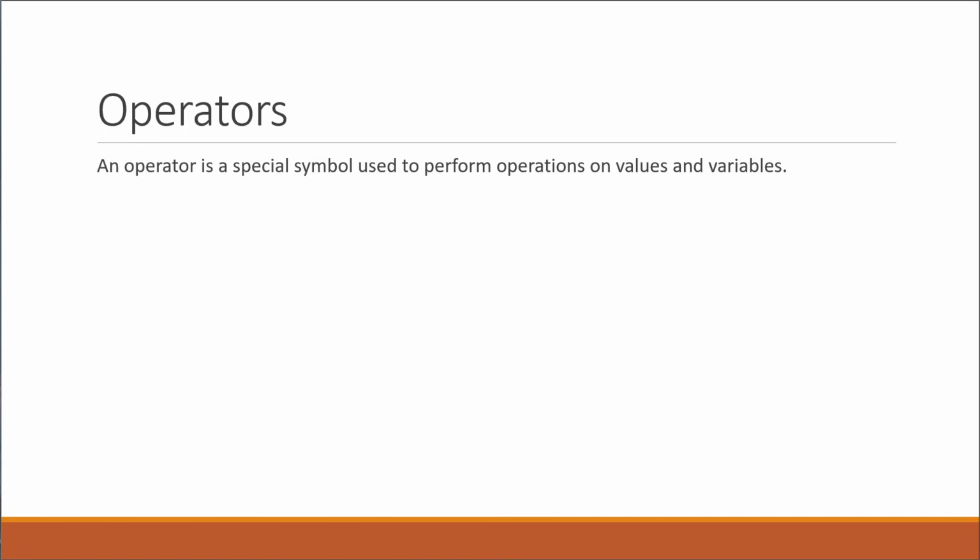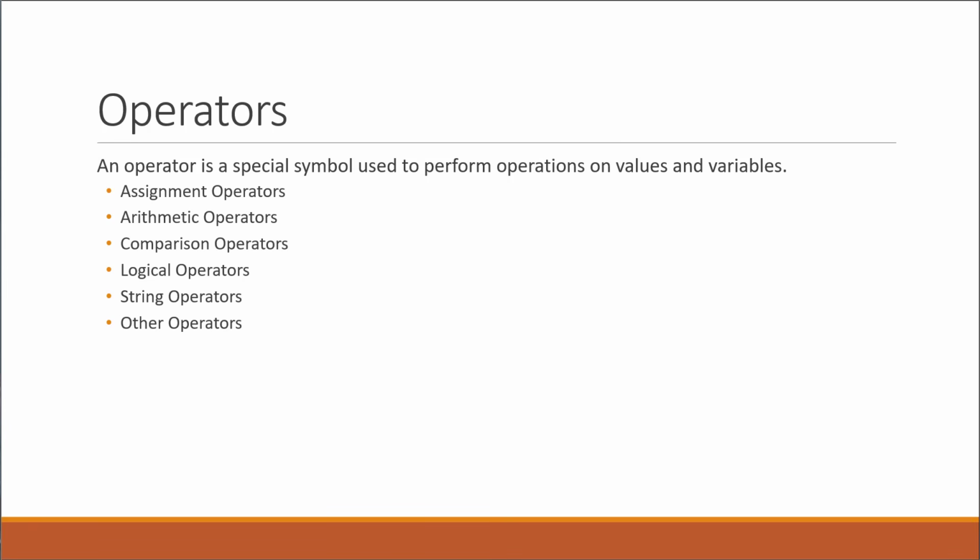Alright, now that you know the different data types, the next topic to learn is operators. In JavaScript, an operator is a special symbol used to perform operations on values and variables. Here is a list of operators we will be learning as a beginner.